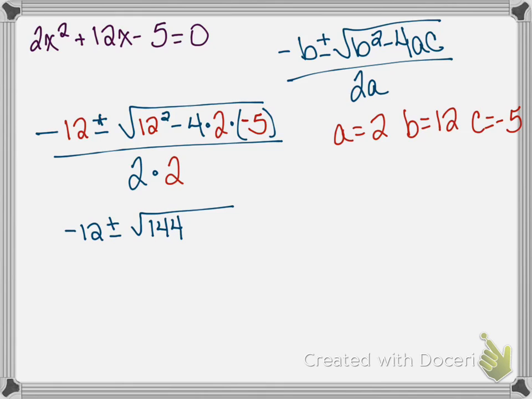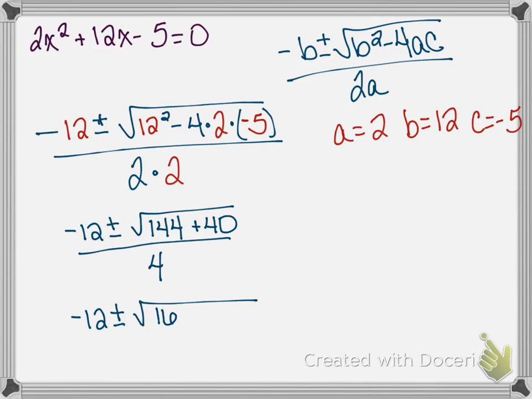Negative 8 times negative 5 is positive 40. So then I have negative 12 plus or minus the square root of 184.